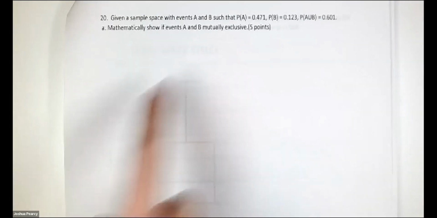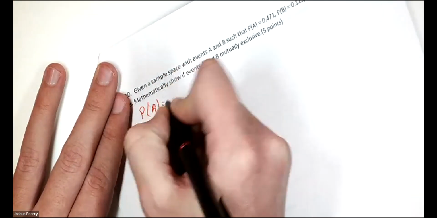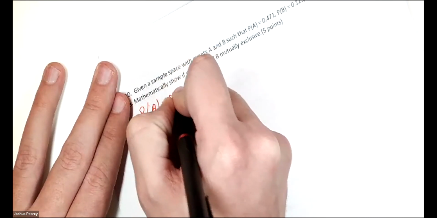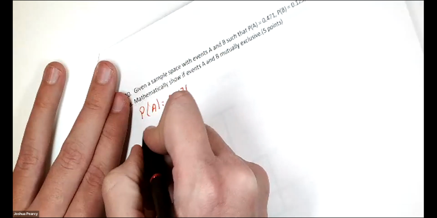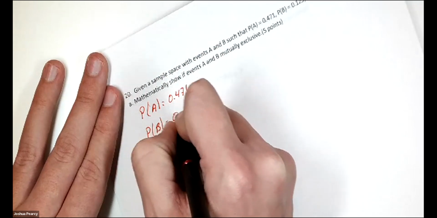So if events A and B are mutually exclusive, the probability of the union, or the probability of either of them happening, is equal to the probability of one of them happening plus the other. So if I want to determine if these two events are mutually exclusive, I should just use this formula here and see if it satisfies that condition. So it says the probability of A is equal to 0.471. The probability of B is 0.123.